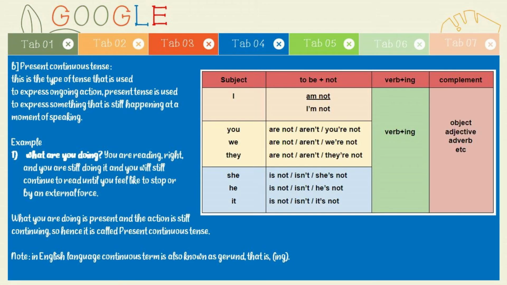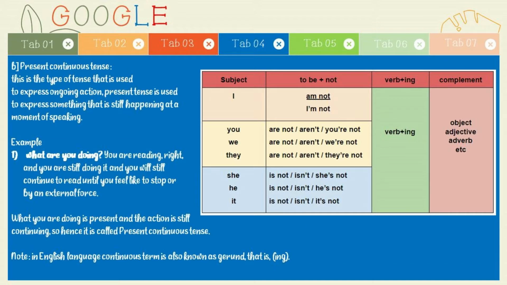And the second one is present continuous tense. This is the tense that is used to express ongoing action. It is used to express something that is still happening at the moment of speaking. For example, what are you doing? You are reading, right? And you are still doing it. And you will still continue to read until you feel like stopping or an external force stops you.